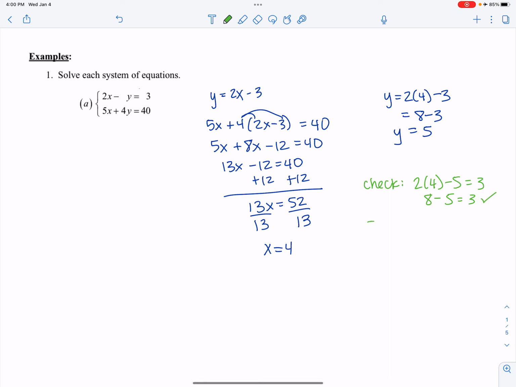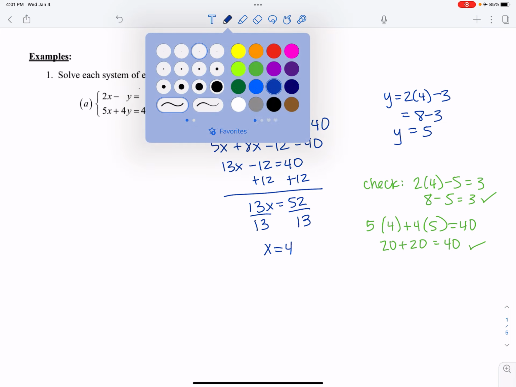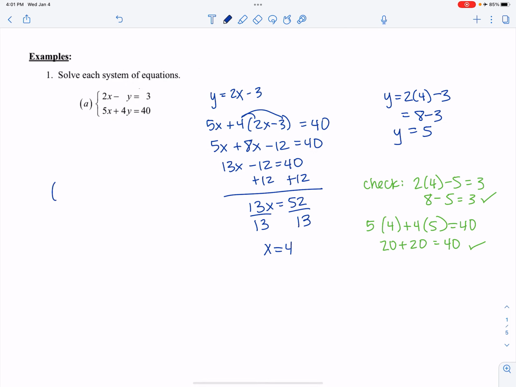Then we have 5 times 4 plus 4 times 5 equals 40. 20 plus 20 equals 40. Awesome. Okay, so that checks. Our answer is 4, 5.